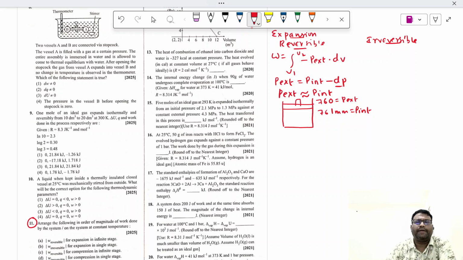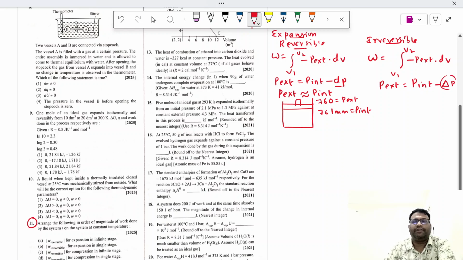Okay. Coming to irreversible process, work done is equal to integral from V1 to V2 of minus P external into dV. So P external is equal to P internal minus delta P. Here you see delta P. That means P external is smaller than P internal.